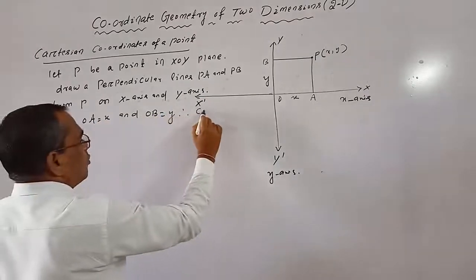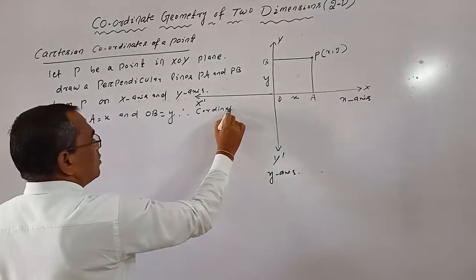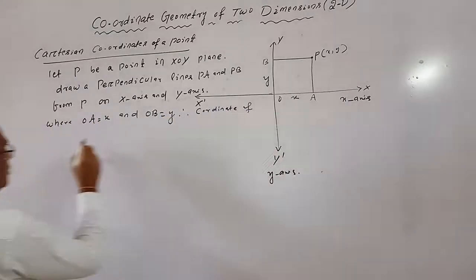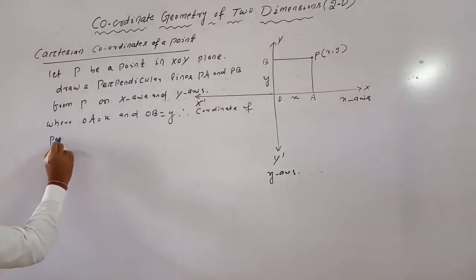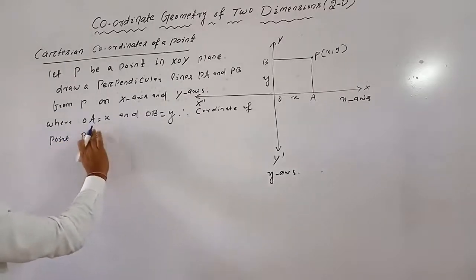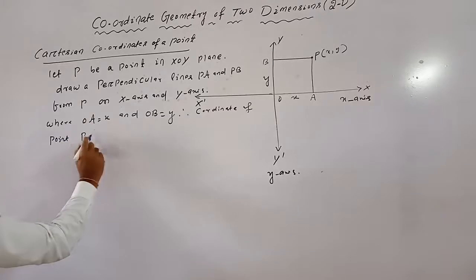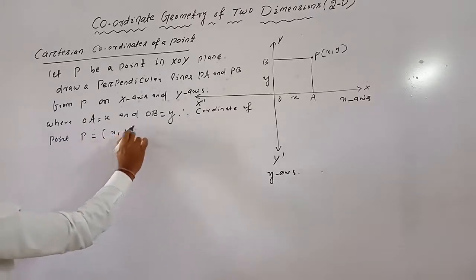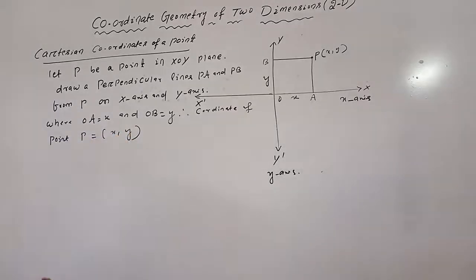Therefore, the coordinate of point P is x comma y, or P of x comma y.